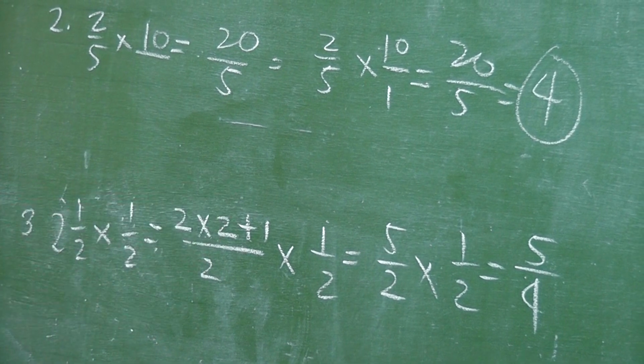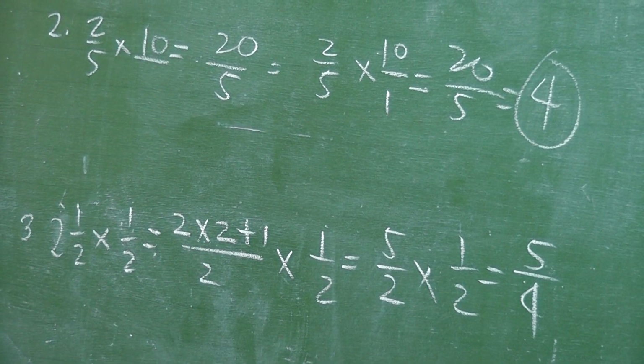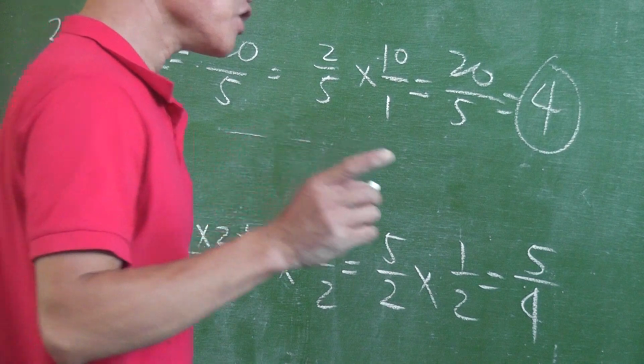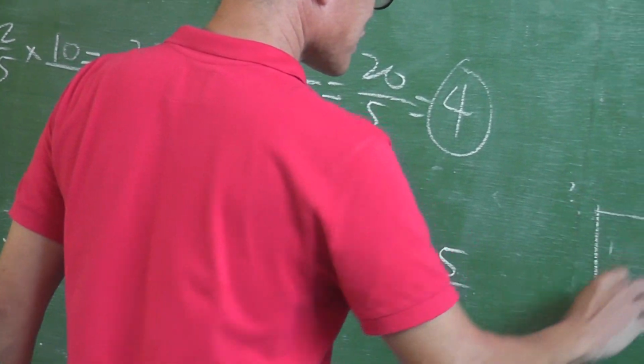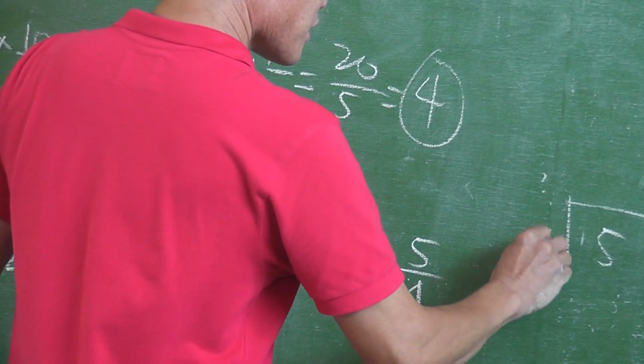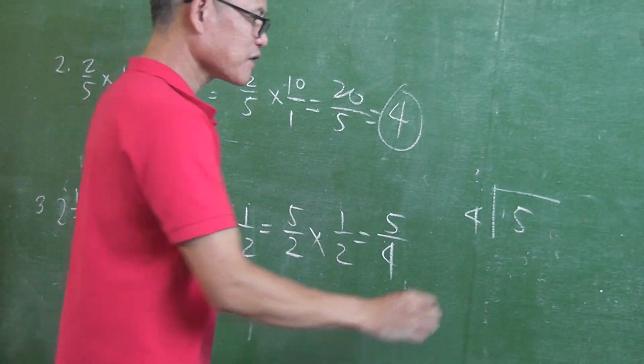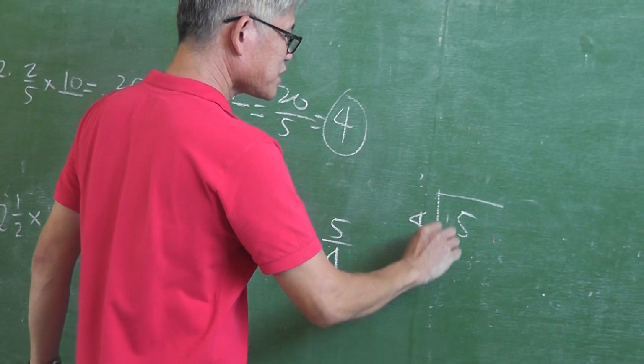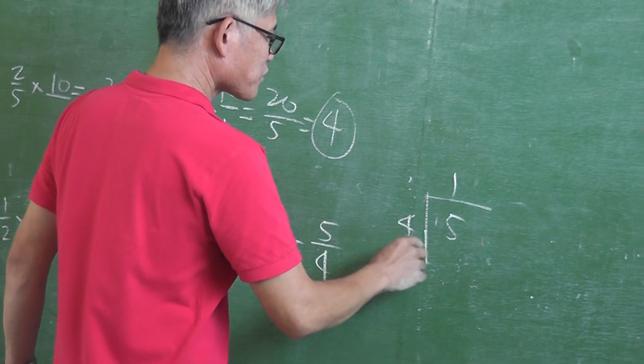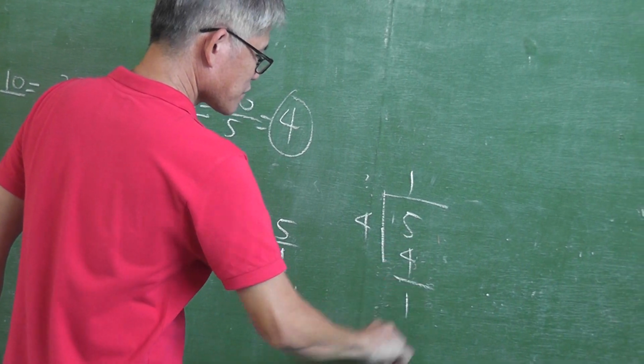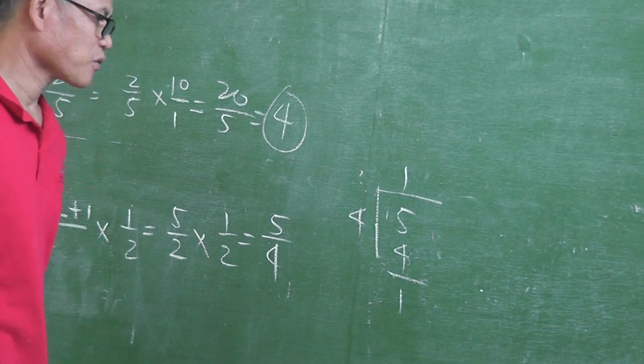So we are going to express it in lowest term. We are going to divide the numerator by the denominator. So 5 divided by 4 is 1. 1 times 4 is 4. Okay, we have the remainder 1.